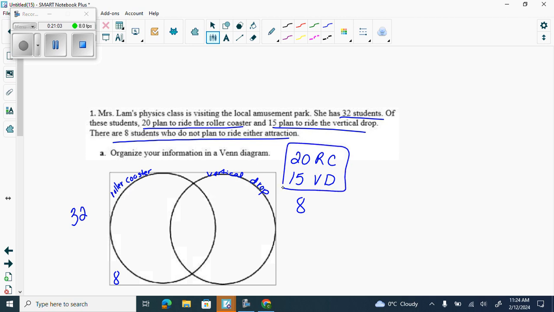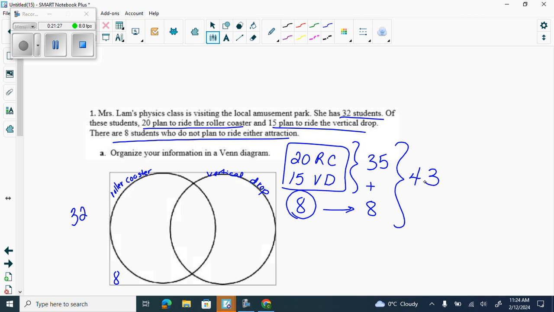How many tickets got put in? 35, right? And then how many more? 8. So how many is that total? 43. Okay, so 43 tickets got put in.